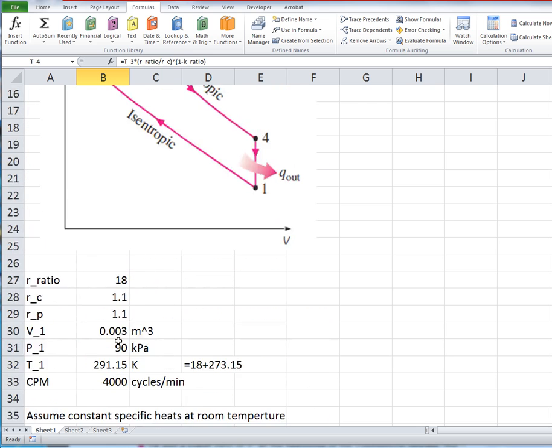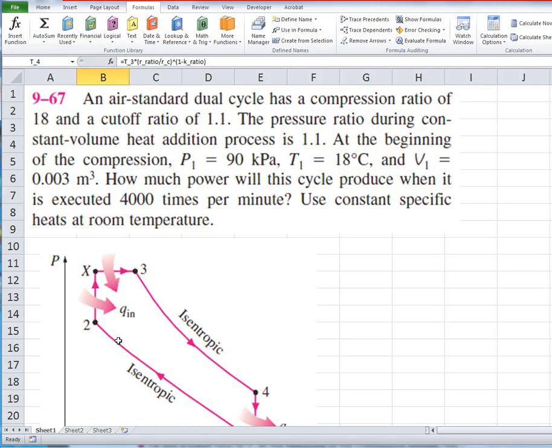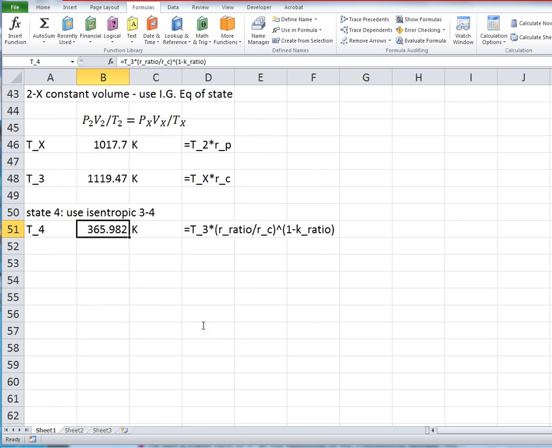Alright, so we know all the temperatures now, so we could find everything in the cycle if we wanted to. What's being asked is to find the power that the cycle produces when it's executed 4,000 times a minute. So it sounds like we need to find W net. We could do that one of two ways.